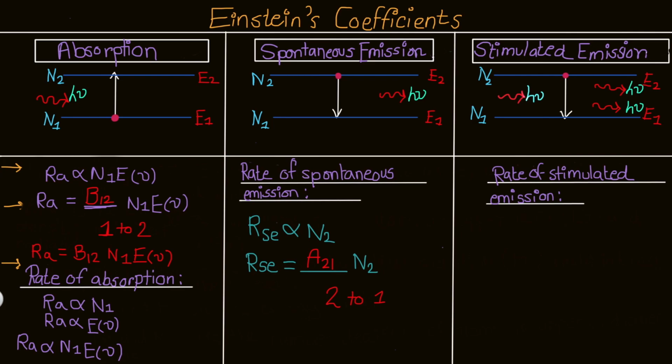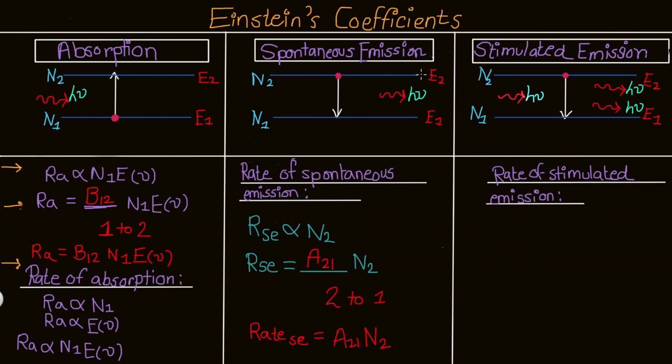So we can write the final equation as: the rate of spontaneous emission, SE, equals Einstein's coefficient A21 times N2. Okay, that's very simple. And then next we've got stimulated emission.